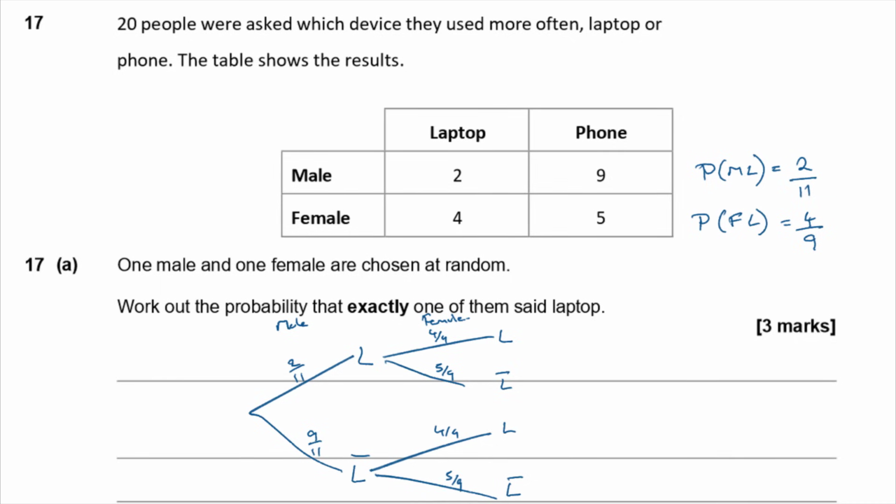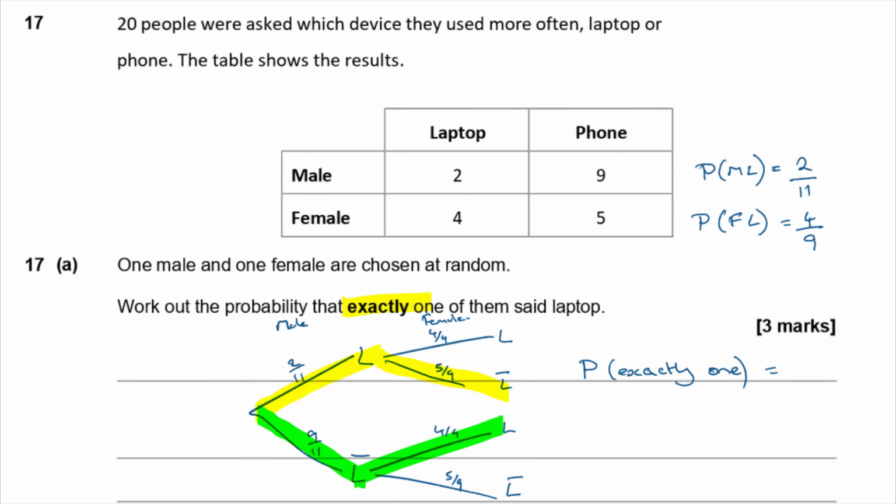Okay, so we're interested in exactly one of them saying laptop. The probability of exactly one is going to be either that the male said laptop and the female didn't, or that the male didn't say laptop but the female did.